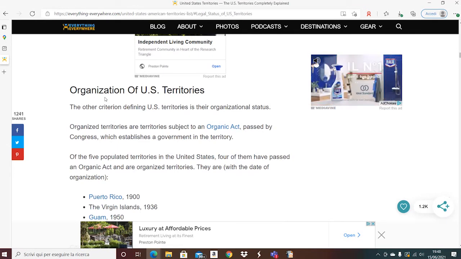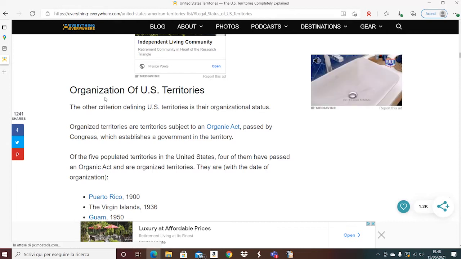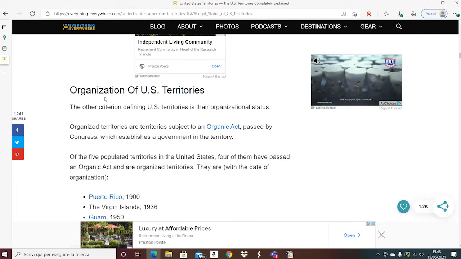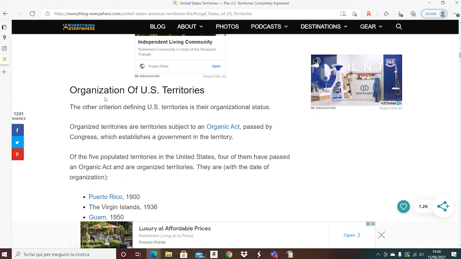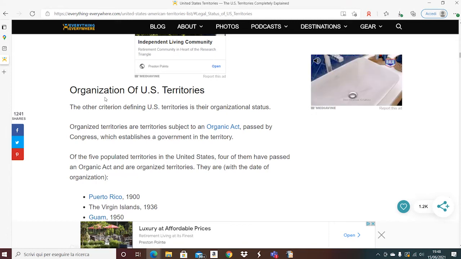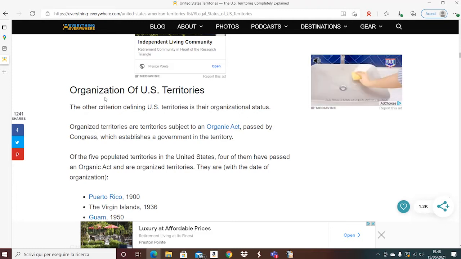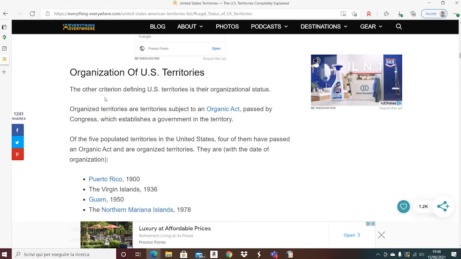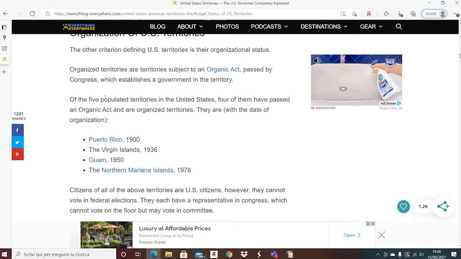Organization of US territories. The other criterion that defines US territories is the organizational status. Organized territories are territories subject to an organic act passed by Congress, which establishes a government in the territory. Of the five populated territories in the US, four of them have passed an organic act and are organized territories.